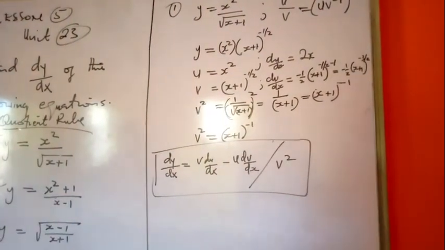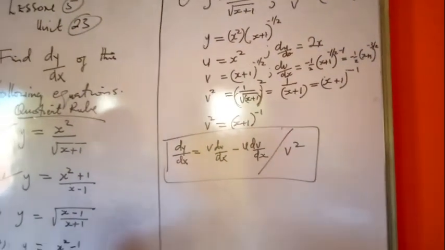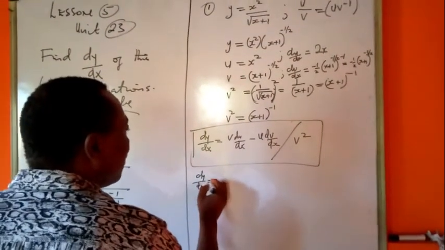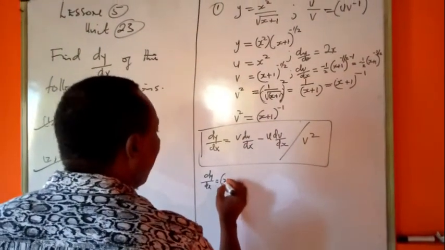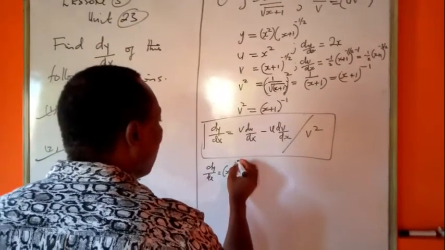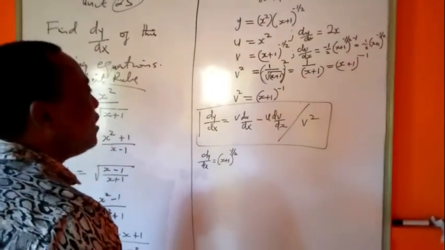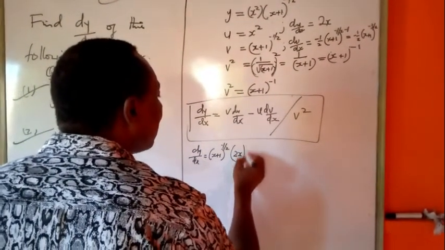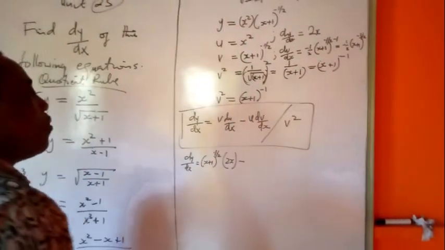So I will define all these rules, then we can substitute. Our substitution will be clear. dy/dx is equal to v. What is your v? Your v is simply x plus 1 raised to power minus 1 over 2. Then what is your du/dx? Your du/dx is simply 2x. Then you have your minus sign with it. What is your u?